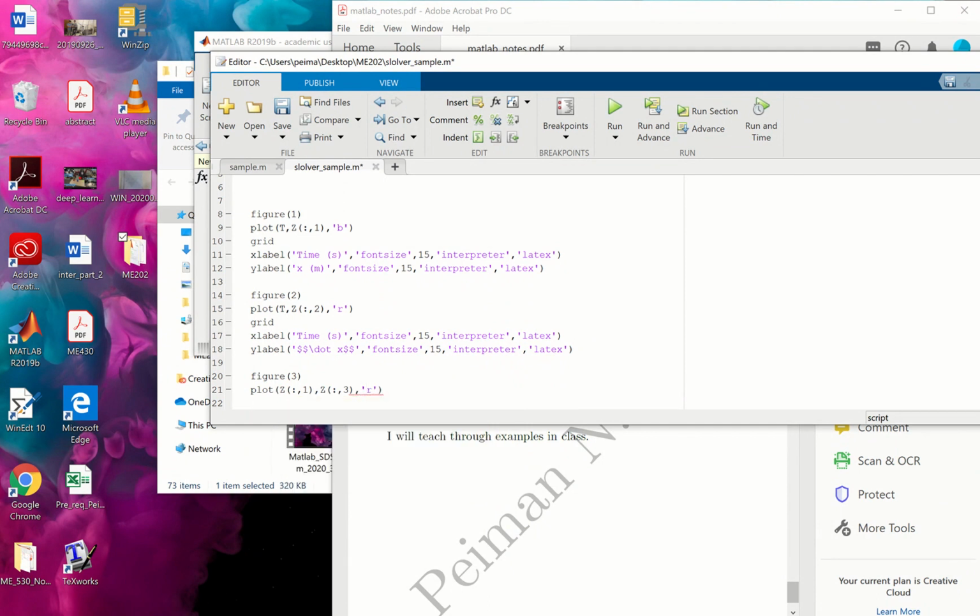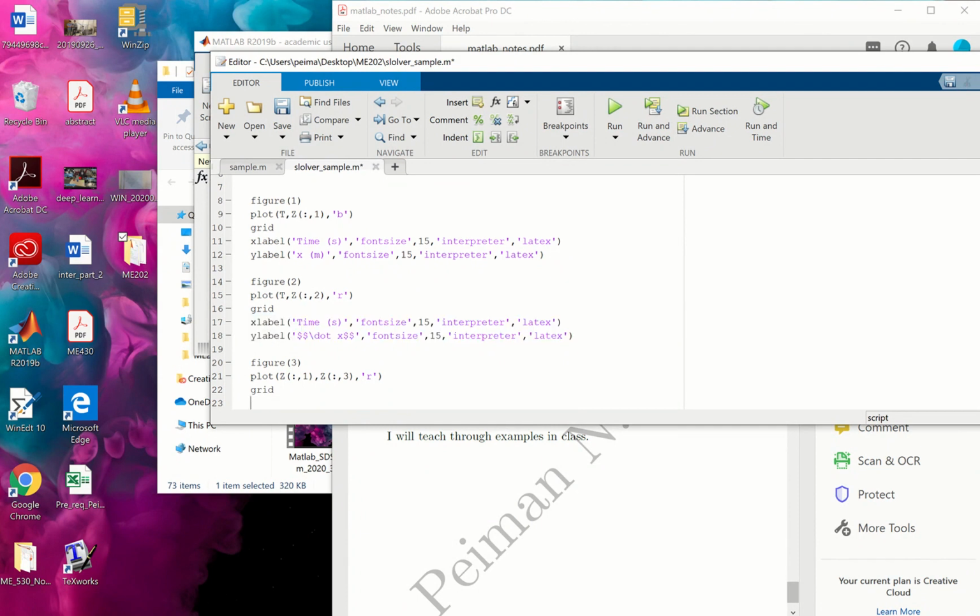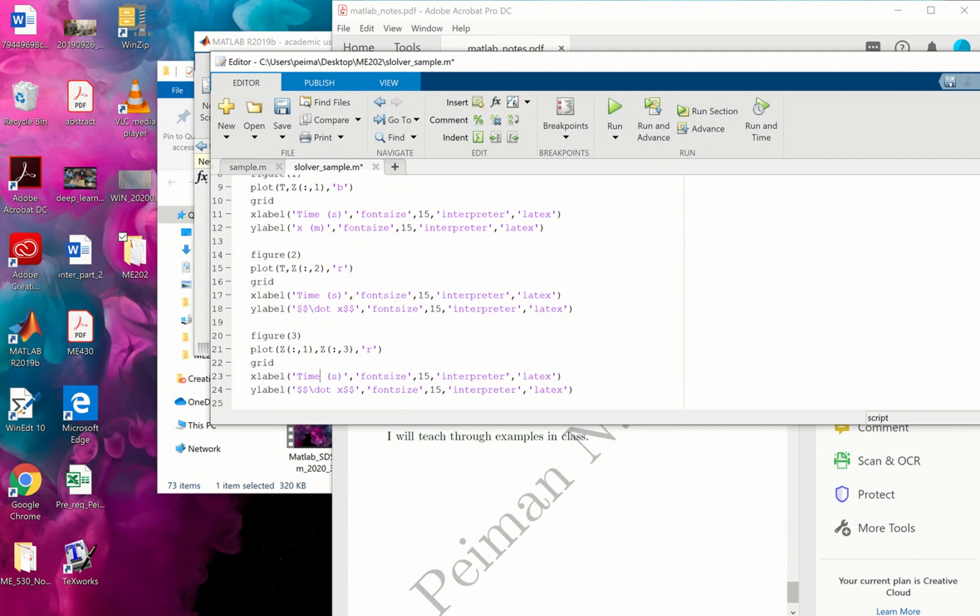And the grid. Now your x and y are going to be different, because your x is x, in meters, and your y is y2.